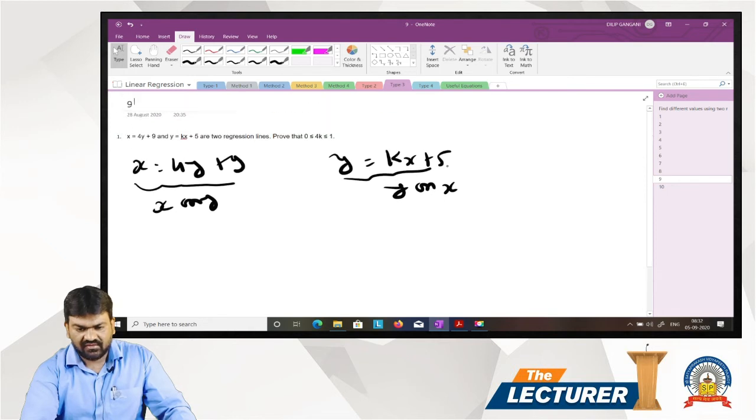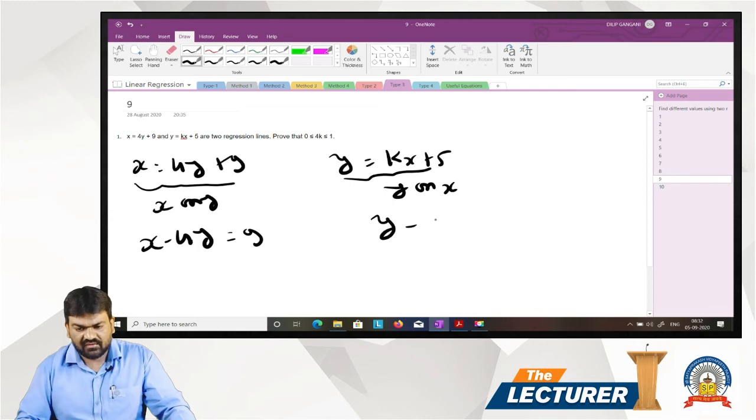Now x minus 4y is equal to 9, y minus kx is equal to 5.